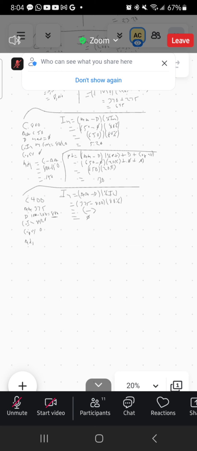Let's do the patient. Now patient, same thing: the allowed amount minus deductible times the percentage for the patient, plus deductible plus copay. And you substitute your numbers and you put 375 minus 800 times, in this case, 20%.